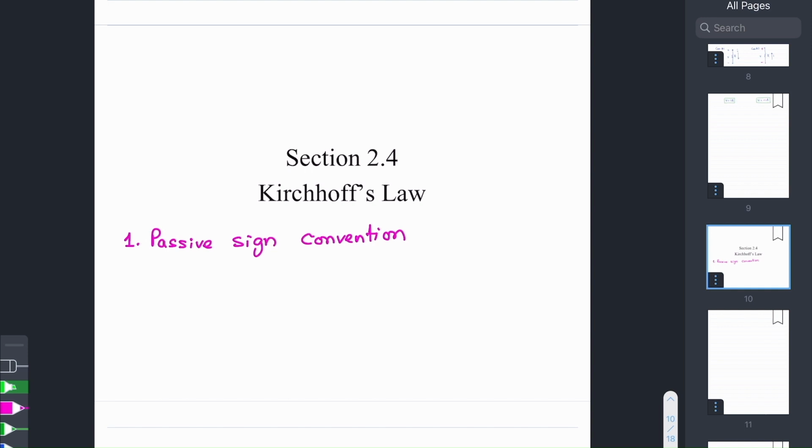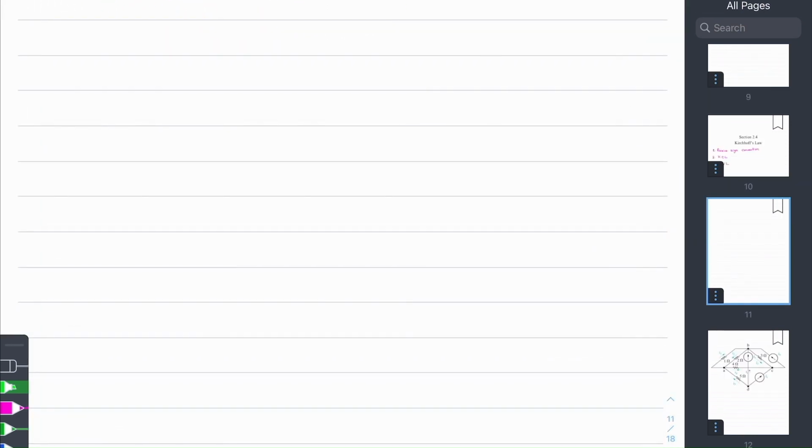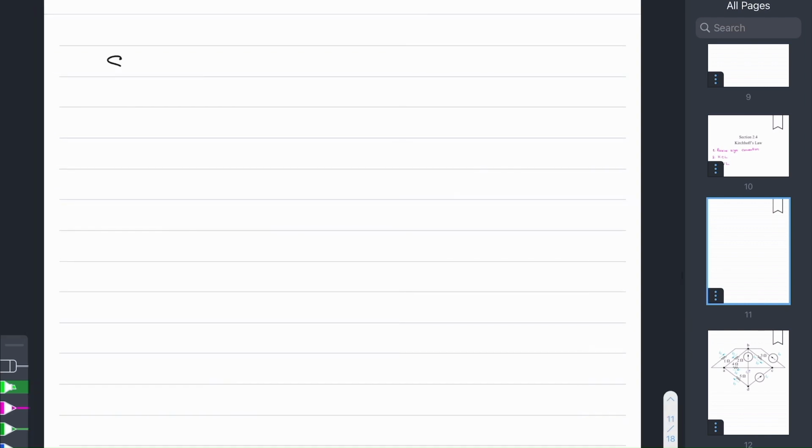Now I'm going to talk about Kirchhoff's current law and Kirchhoff's voltage law. Okay? Kirchhoff's current law and voltage law. Now, we use KCL and KVL to solve circuits. Okay?